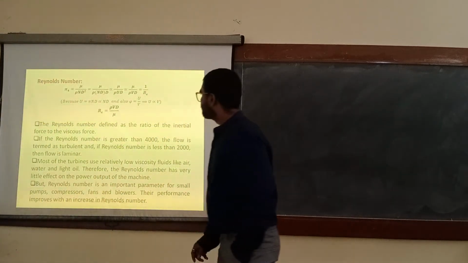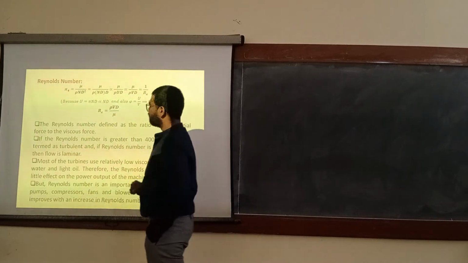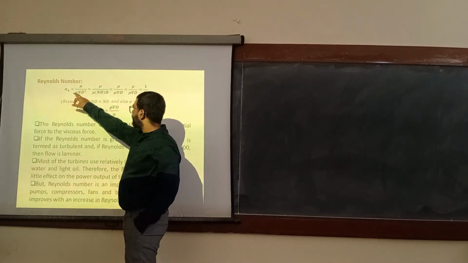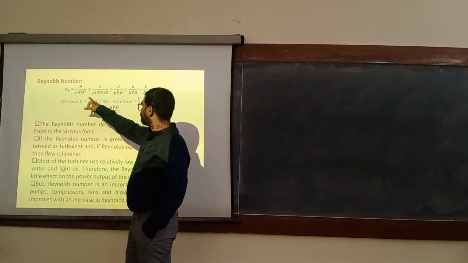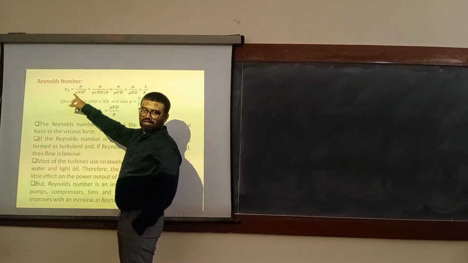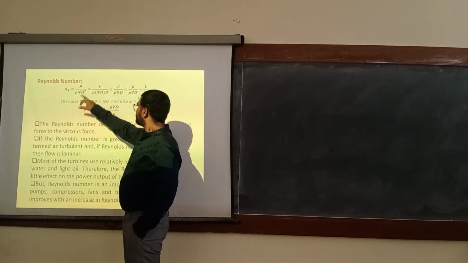Next, dimensionless parameter, that is the Reynolds number, which is identified as phi 4 is equal to mu divided by rho N D square.